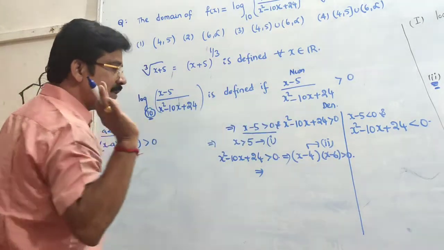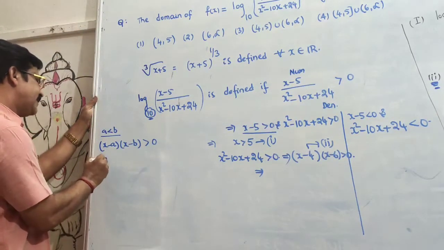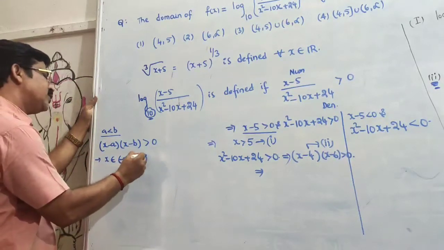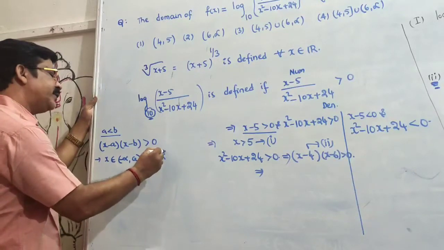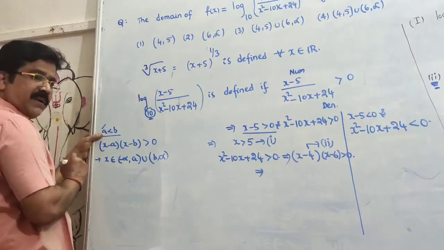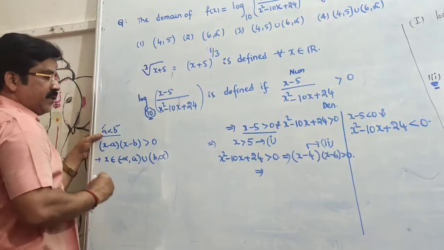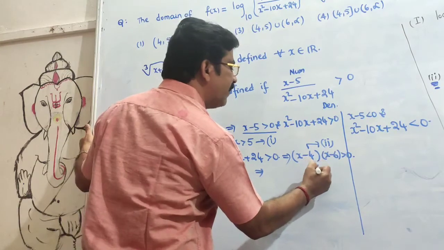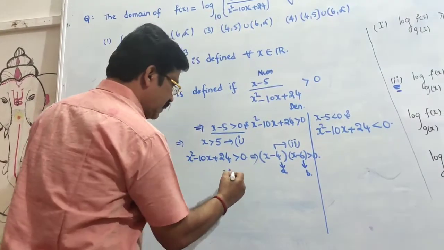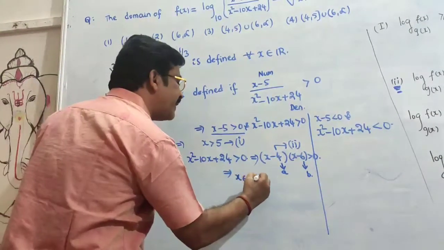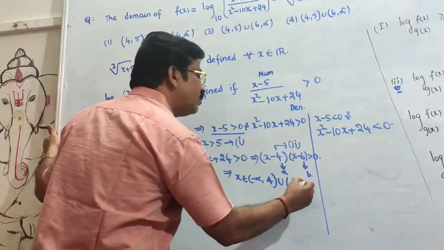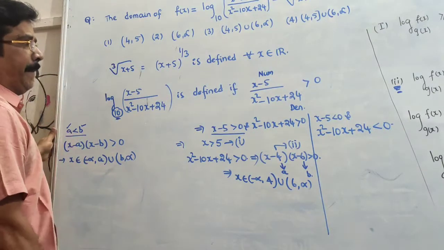At present it is the greater than 0 case, so x belongs to the open interval minus infinity to a, union open interval b to infinity. The least number should be a and the greatest number should be b. So 4 is a and 6 is b. Therefore x belongs to the open interval minus infinity to 4, union 6 to infinity.